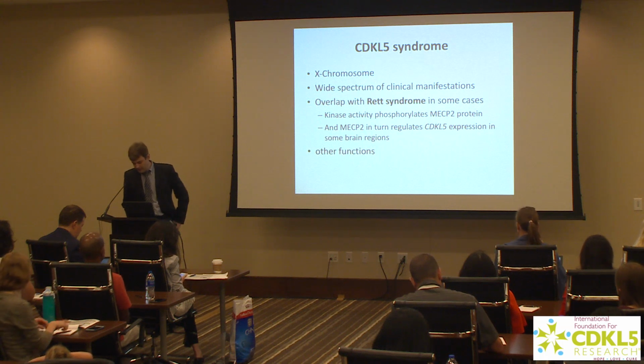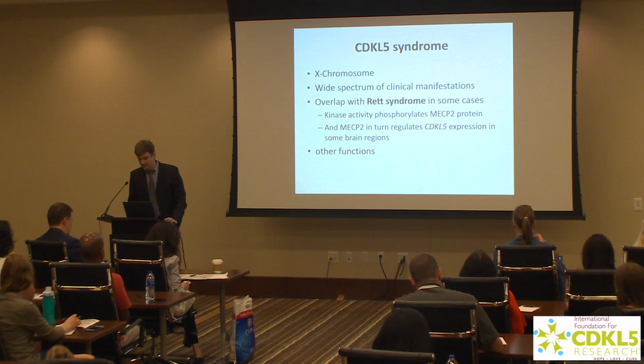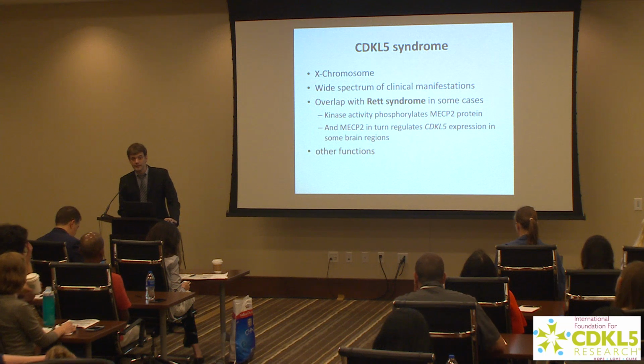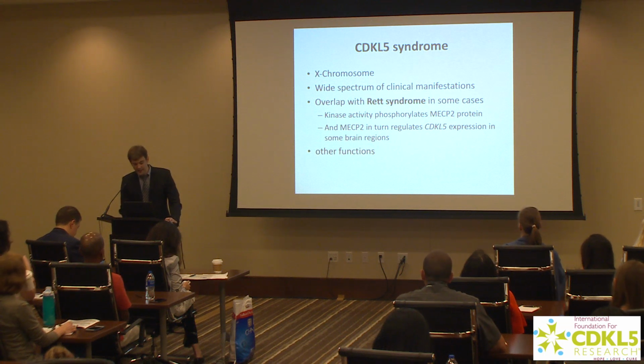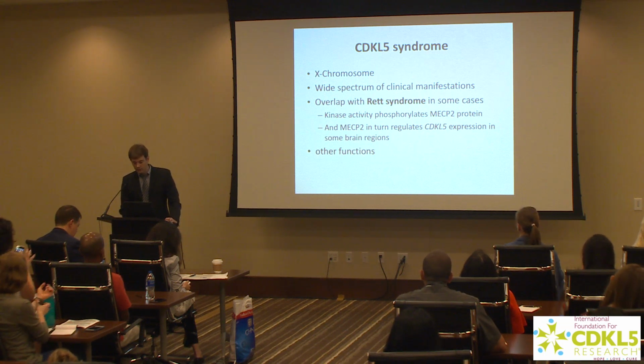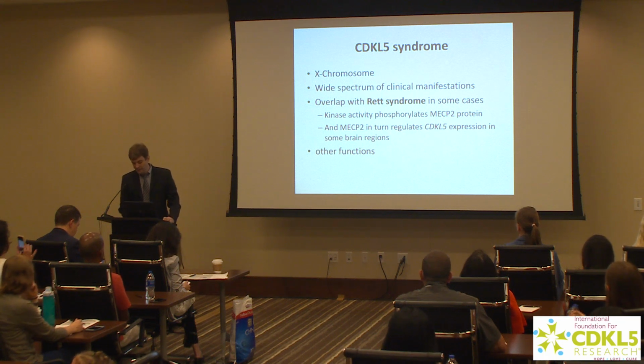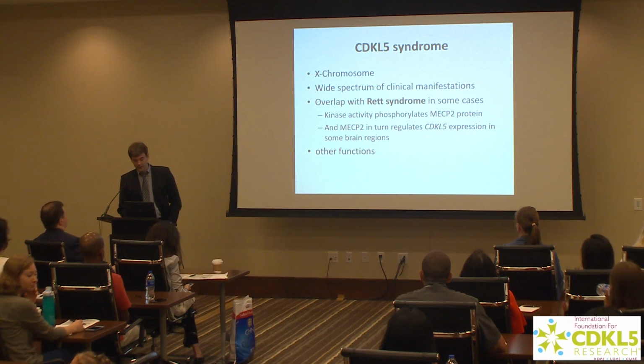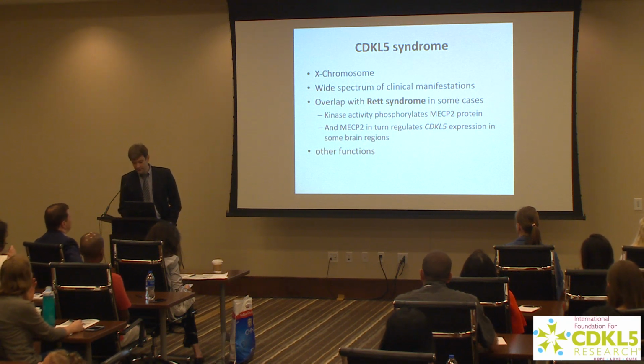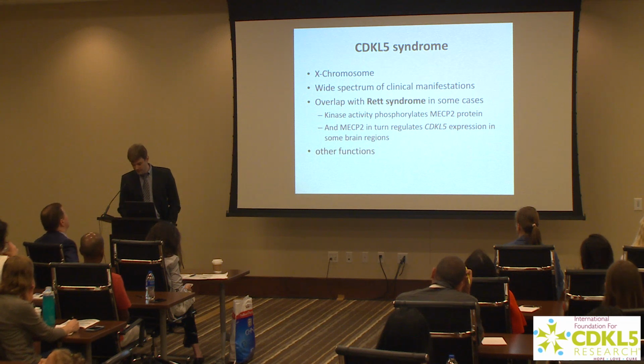So very briefly, obviously you're all aware CDKL5 syndrome is caused by a mutation in the CDKL5 gene, and there is some overlap in the phenotypic spectrum with Rett syndrome, maybe in part because the kinase activity of CDKL5 influences the MECP2 gene, the Rett gene, and vice versa.